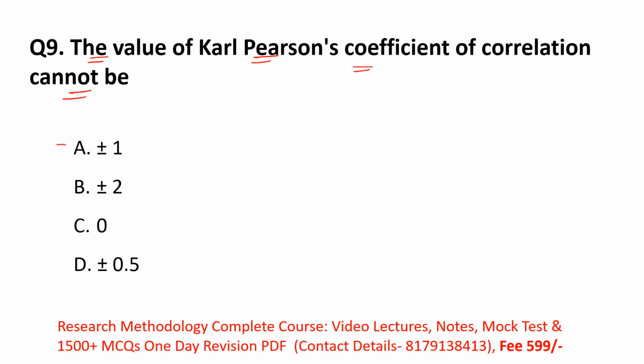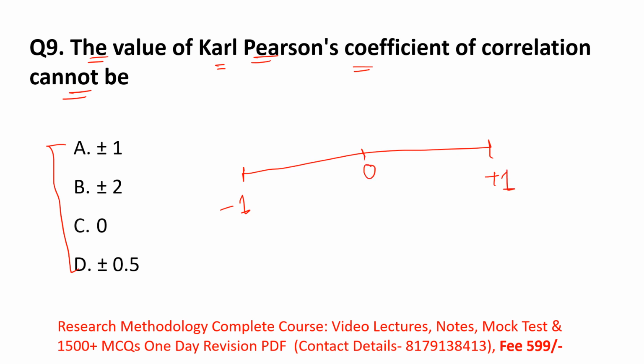Remember, in correlational research there is a coefficient called Karl Pearson's coefficient, which tells us whether two variables are perfectly positively correlated or perfectly negatively correlated. Remember, Karl Pearson's coefficient values lie between -1 and +1, and in the middle 0 will come.